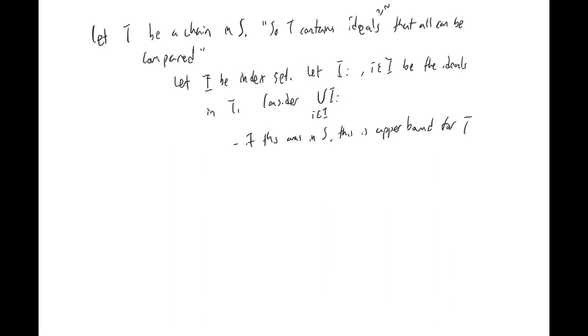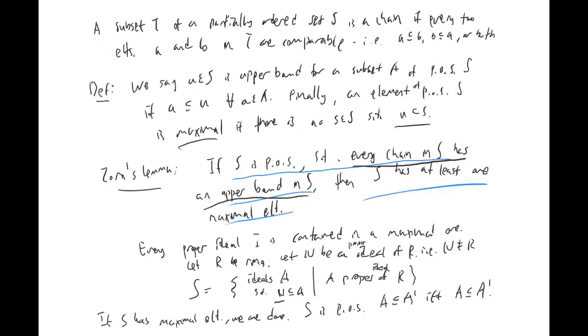Use the definition of upper bound. We are an upper bound if we are bigger than or equal to every element in T. Here bigger means contain, because it's subset. So we contain every ideal in T. Okay, good.